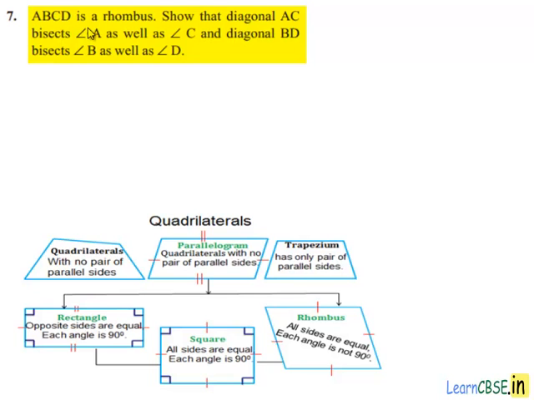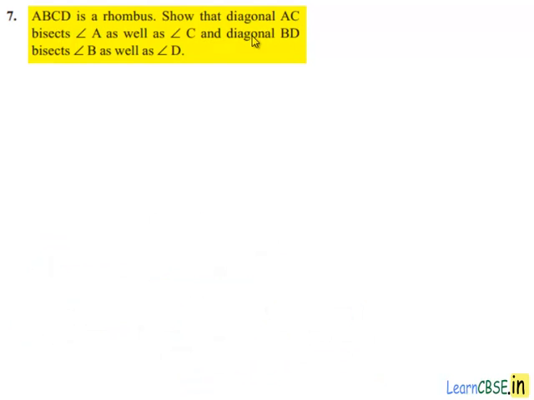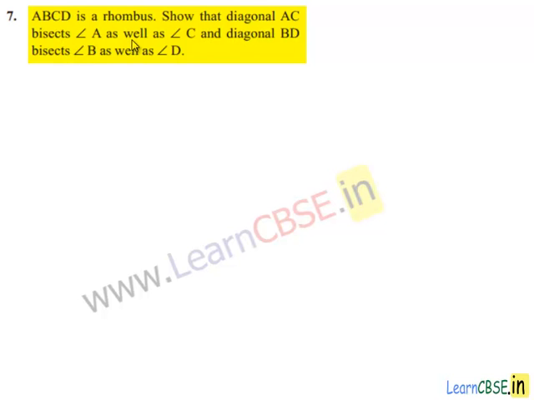Moving on to the 7th question. ABCD is a rhombus. Show that diagonal AC bisects angle A as well as angle C, and diagonal BD bisects angle B as well as angle D. Now moving on to the solution. It is given that ABCD is a rhombus.